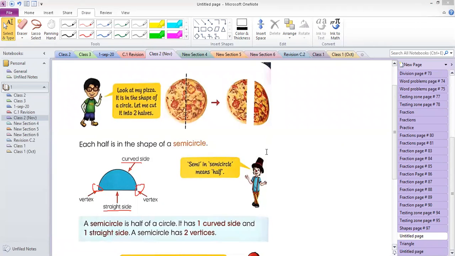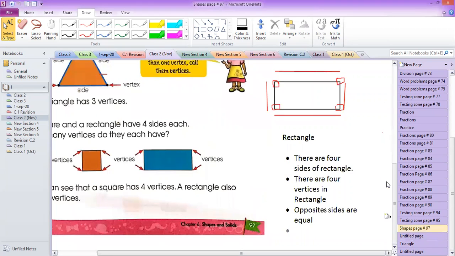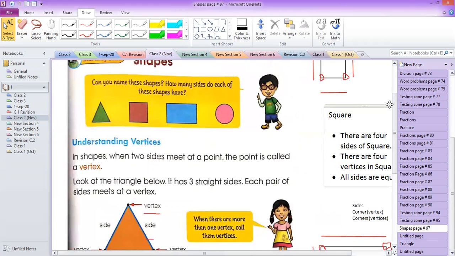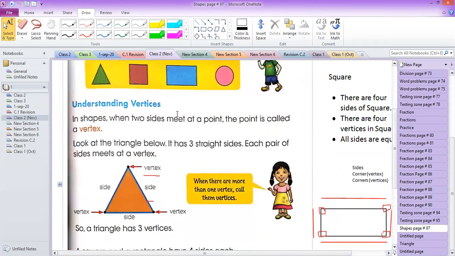This is an example of semicircle, guys, right? Look in your book, page number 96. On page 96, we have different shapes for understanding vertices. So we have this triangle. We have checked that there are three vertices in the triangle.